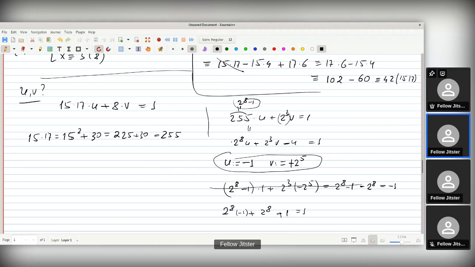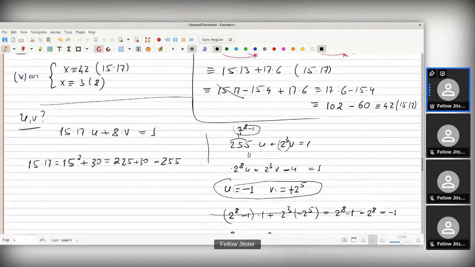Yes. We have found u and v, and how can we solve it? Let us do our crossing. What is the solution maybe? So we take 15 multiplied by 17, that is this number, multiplied by -1, plus we take 8 multiplied by 32, 2 to the power 5, and then we should do some crossing.